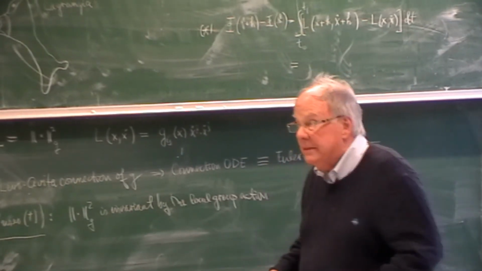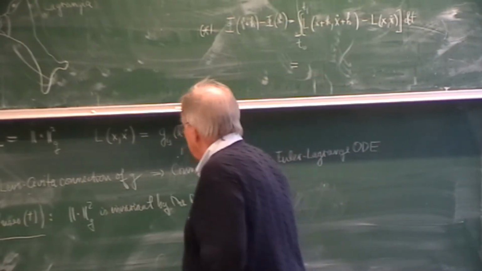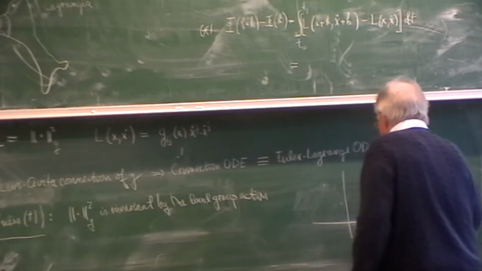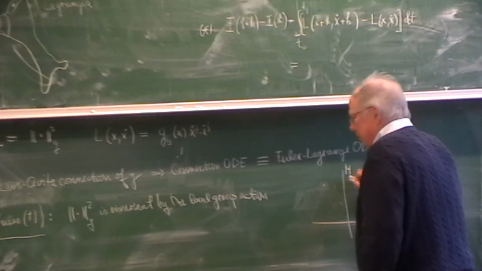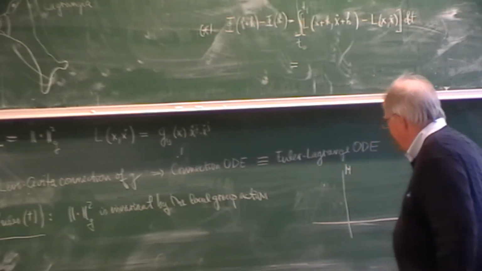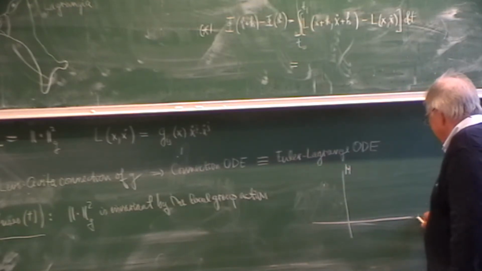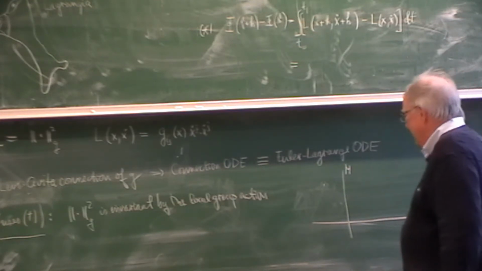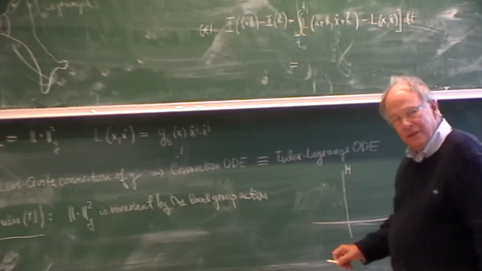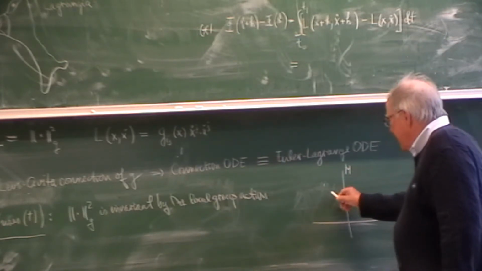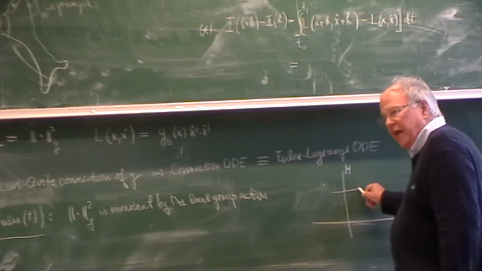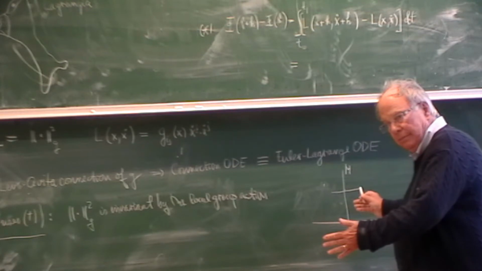Okay? Please think of it this way. Here's the manifold, and here's the time axis. If you have a point in the manifold, you can integrate the differential equation with the local action for a certain time.